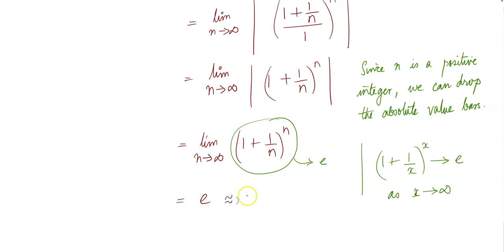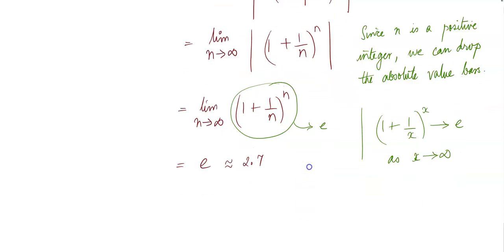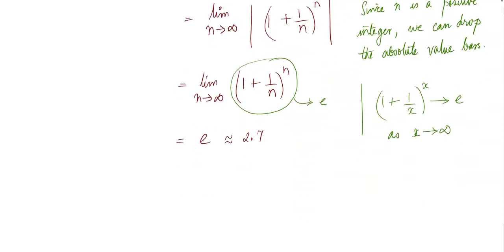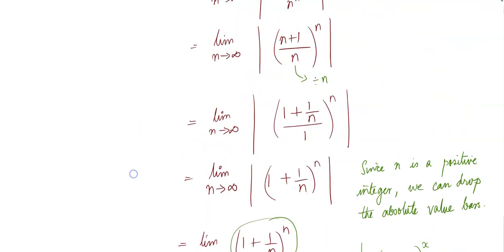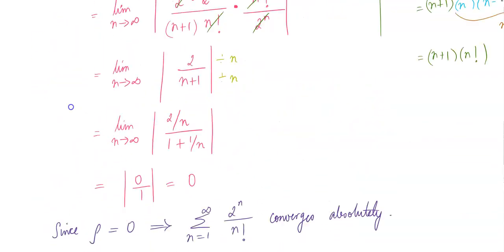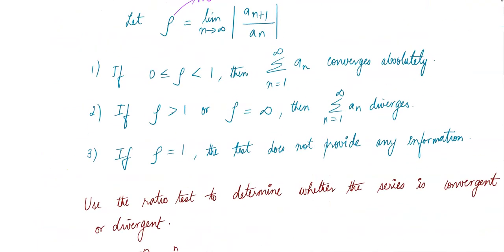e is approximately 2.7. We know that, right? Because it's an irrational number, so it's not going to end, but we're just writing the approximate value so that we will know what rho is. And rho is a value that is more than 1. Okay, so let's come here to the conditions. If rho is more than 1, then the series diverges.